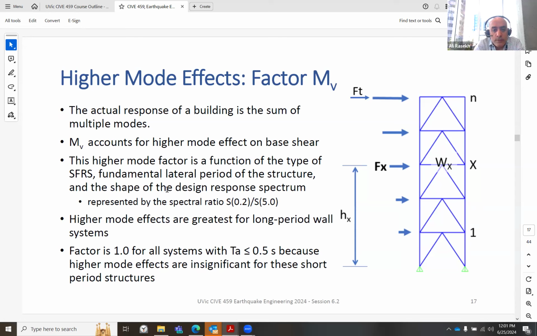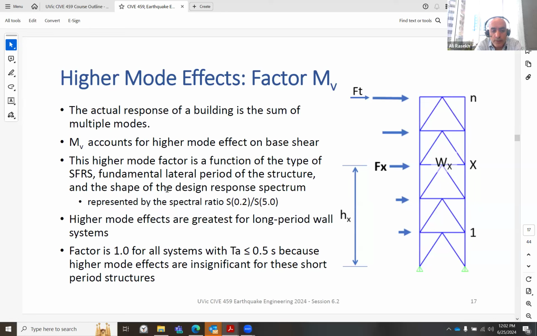Now we go back to that factor that we didn't describe more, the higher mode effects factor, MV. The actual response of a building is the sum of multiple modes. MV accounts for higher mode effects because the simplified base shear equation that we looked at is mostly based on one mode effect, but we want to indirectly account for higher modes.